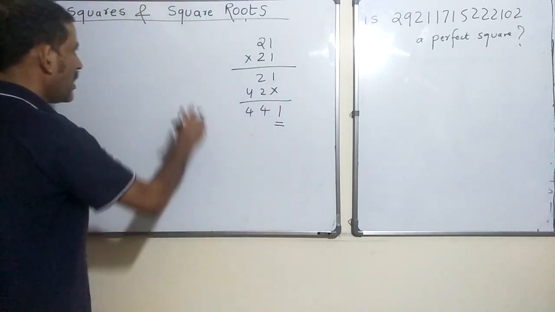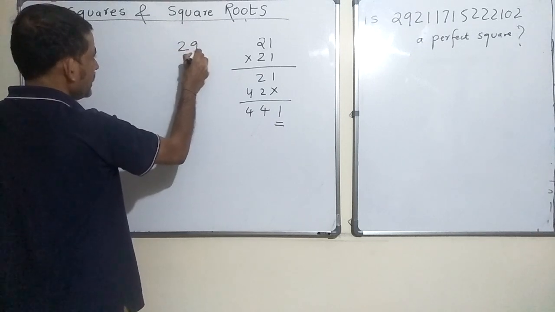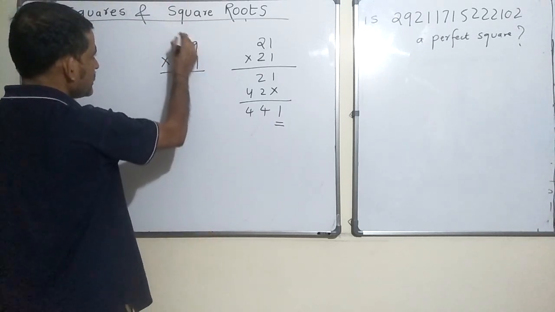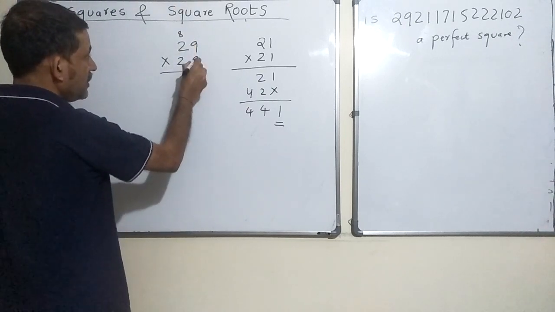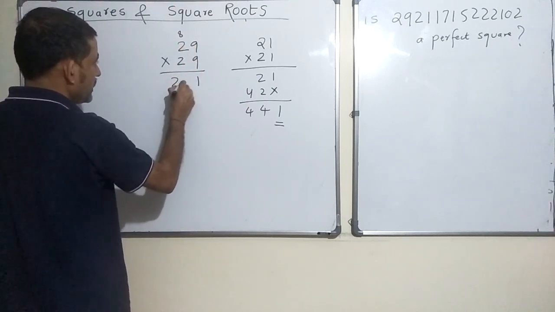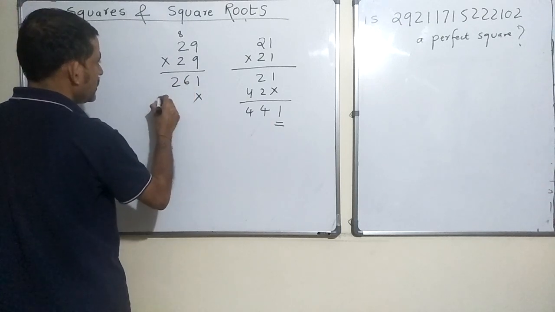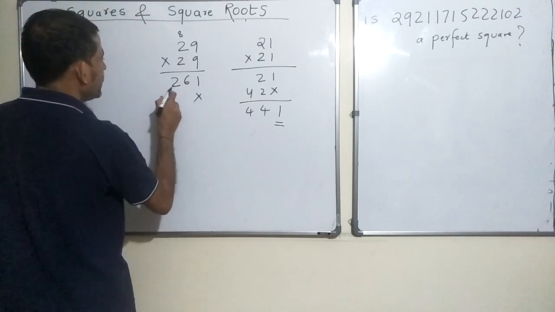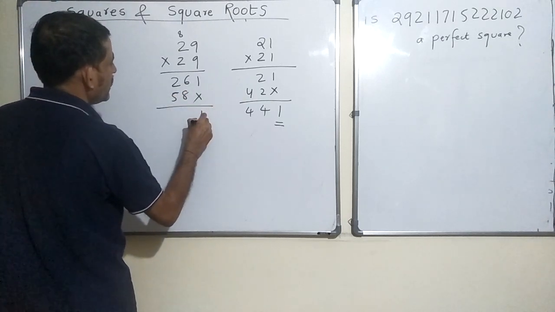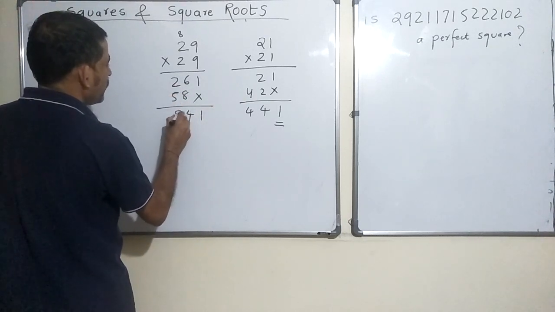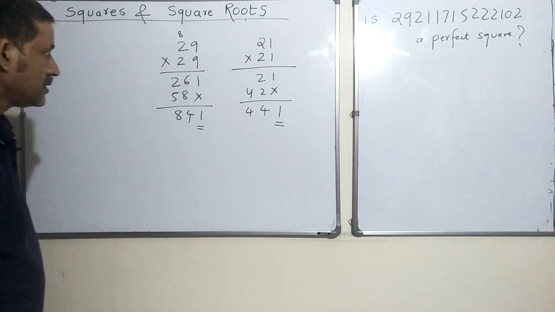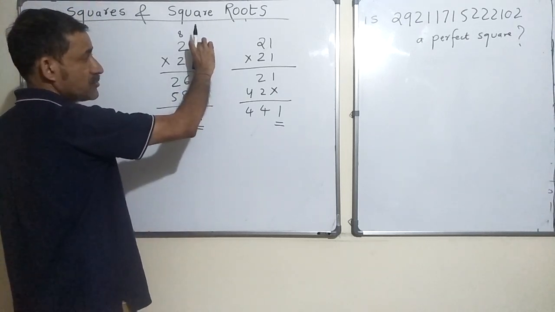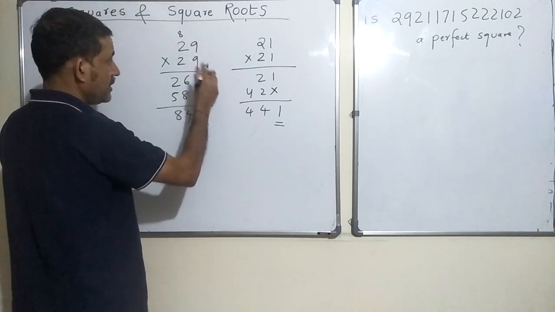How about 29 into 29? Can you guess what would be the last digit? 9 nines are 81, 9 twos are 18, and 2 sixes, then again 58, 1, 4, 841. Correct?